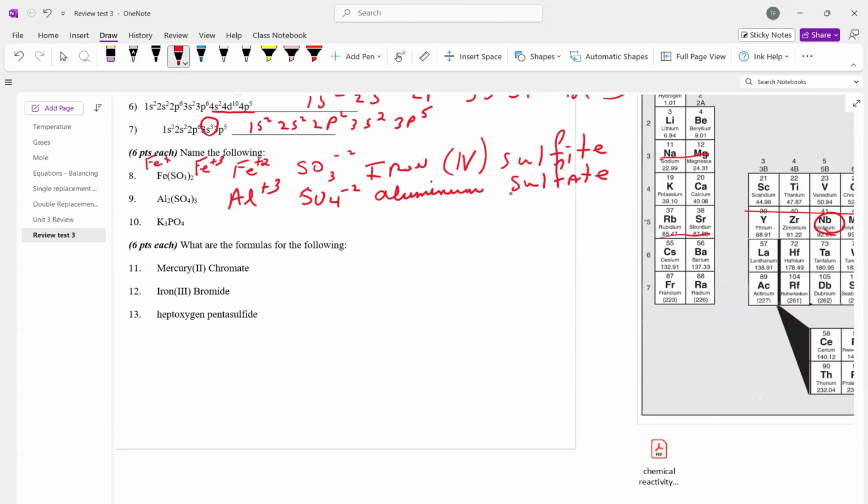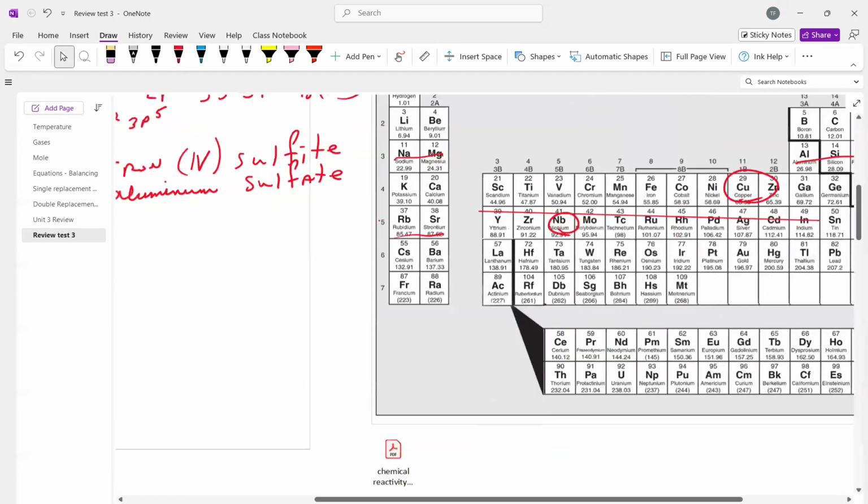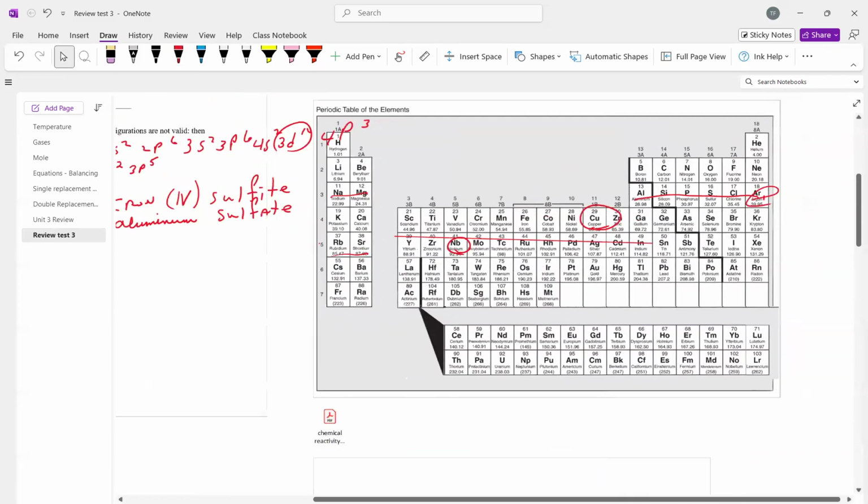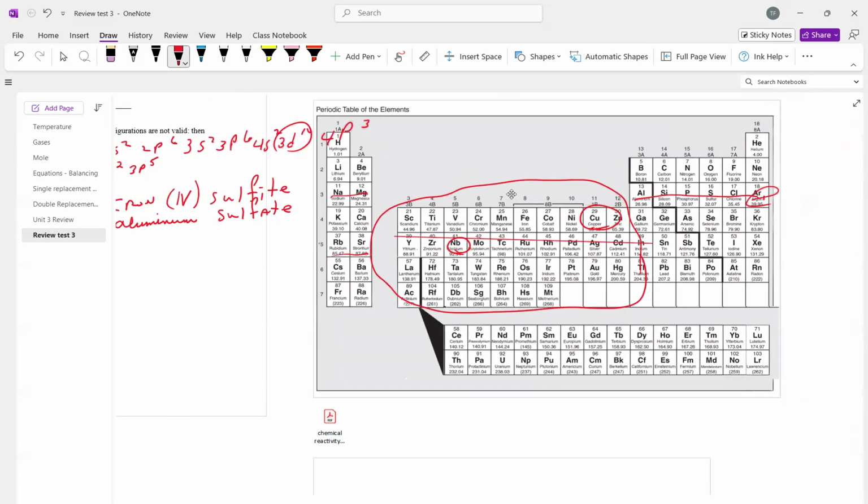Now remember, the ones that exist in multiple versions are in the middle. These guys exist in multiple versions. Those require a Roman numeral. The ones in the middle.